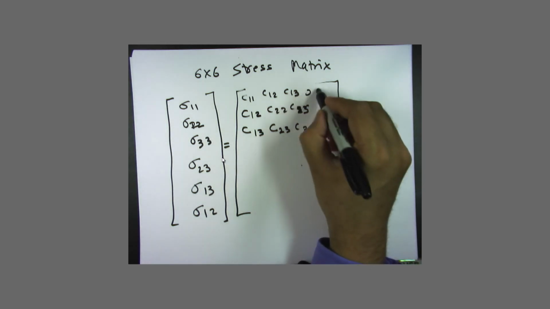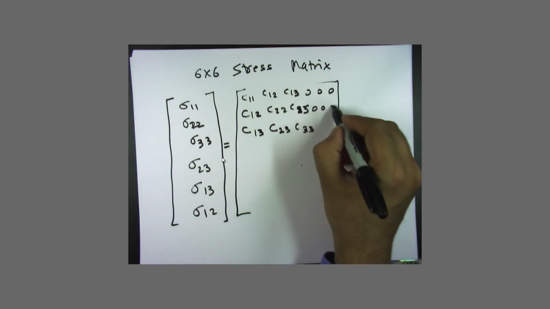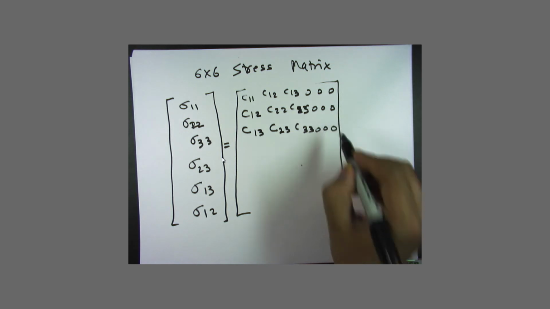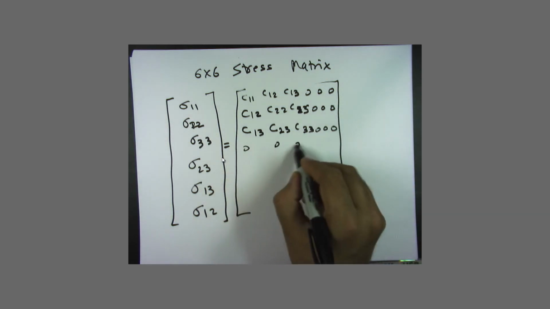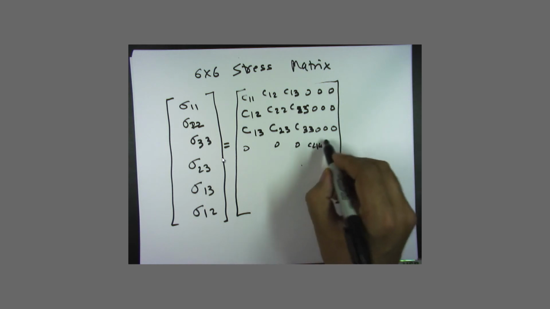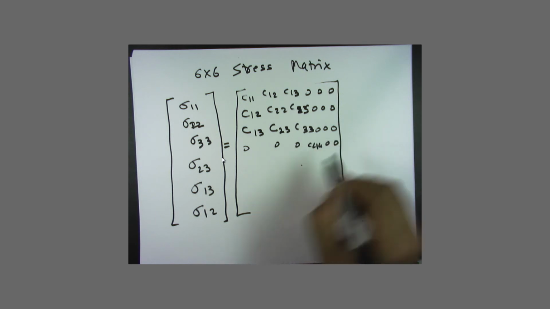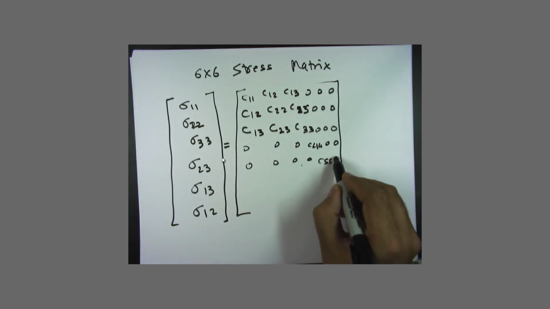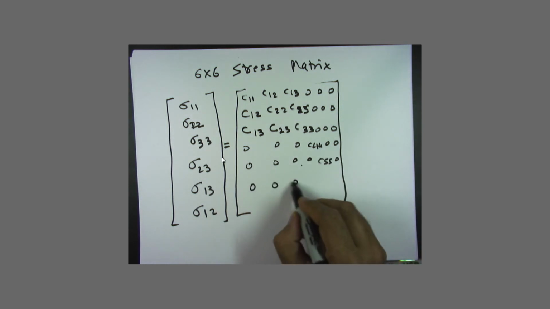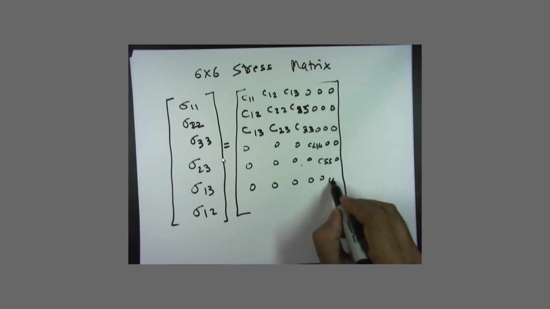But other components become 0 because we are looking at the principal directions in an isotropic solid. What remains is C 4 4, C 5 5, and finally you have C 6 6.